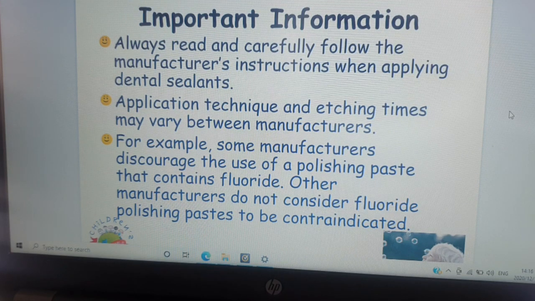So those are the things that we're talking about with this particular point, right? And then, for example, some manufacturers discourage the use of polishing paste that contains fluoride, while others do not consider fluoride polishing paste to be contraindicated. So we do not want to affect the patient's treatment or even our desired results. So it's always helpful to follow the manufacturer's instructions, okay?